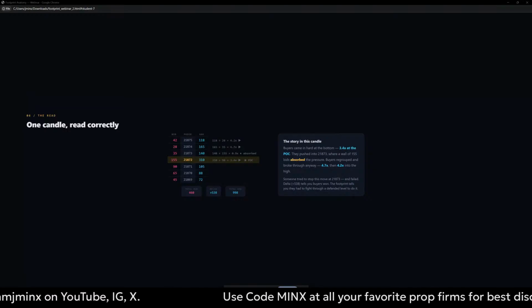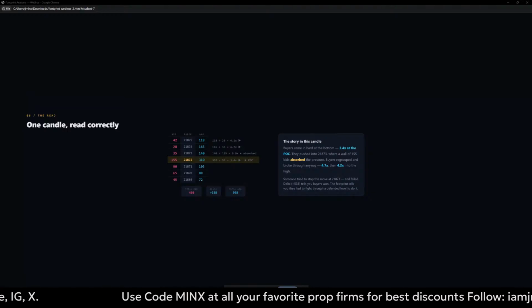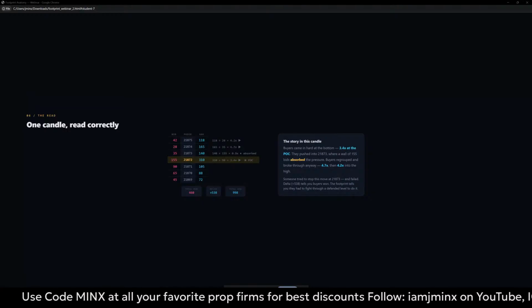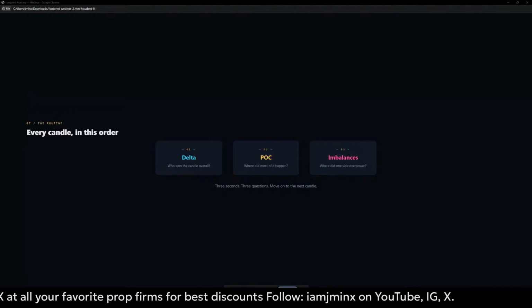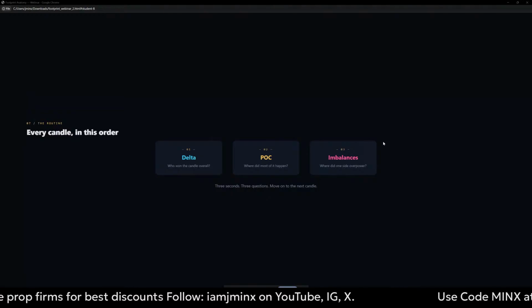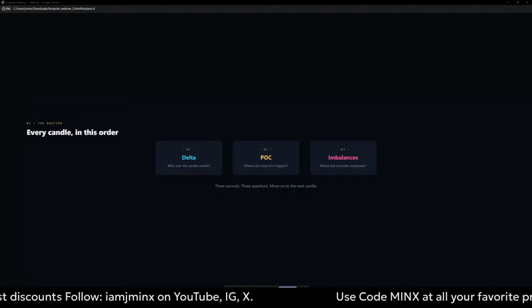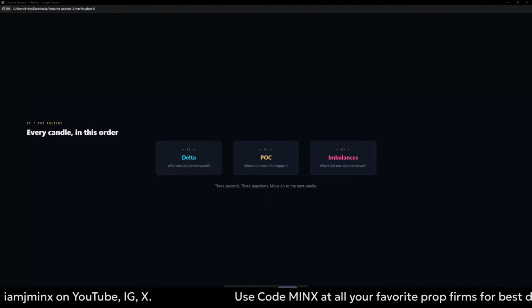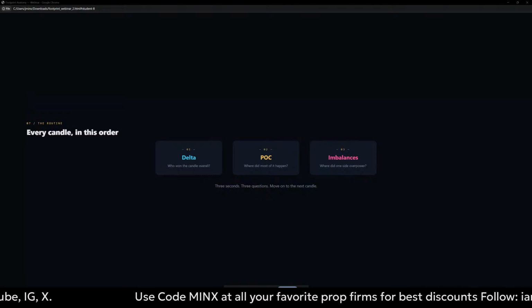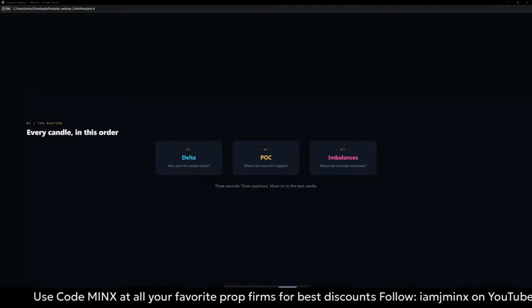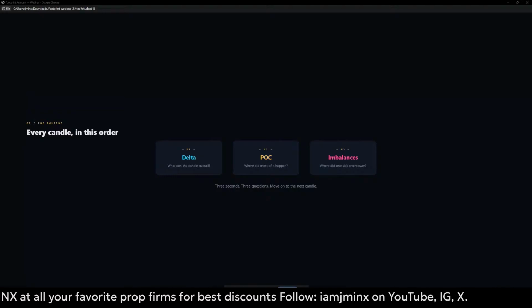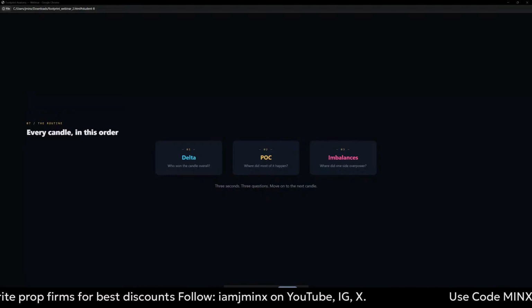So, how do we do this live, candle after candle, without freezing? Well, when you pull up a footprint candle, and I'll pull them up in just a second, you read it in the same order. First, delta: who won.